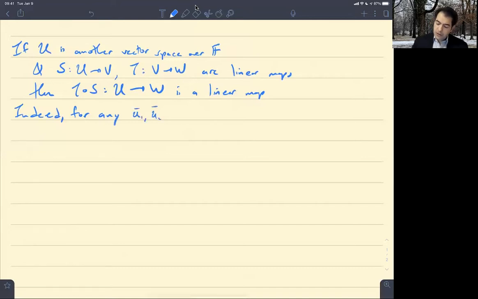So let's say that you pick two vectors in U and a scalar a in F. So what we need to check is that the image of this linear combination u1 plus a times u2 under T composed with S is the linear combination of the corresponding images, right? But that's easy to check because T composed with S, by definition, means this is T of S of u1 plus a u2, right?